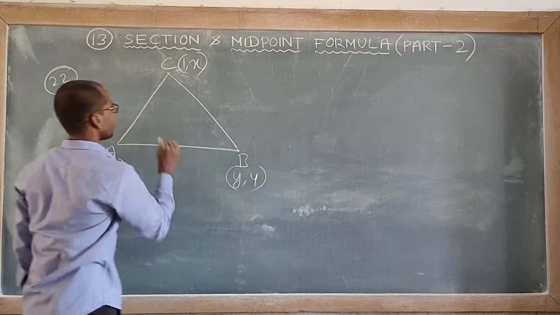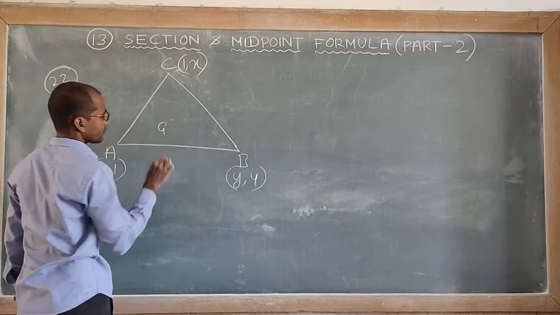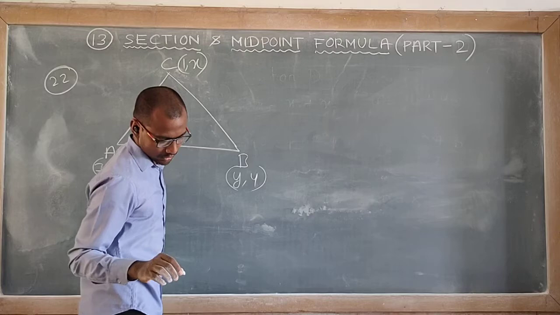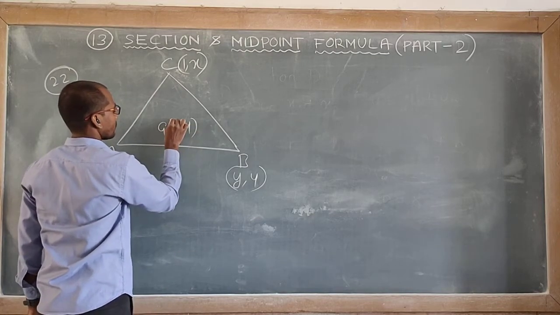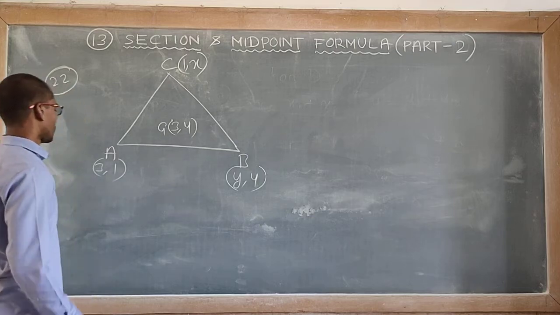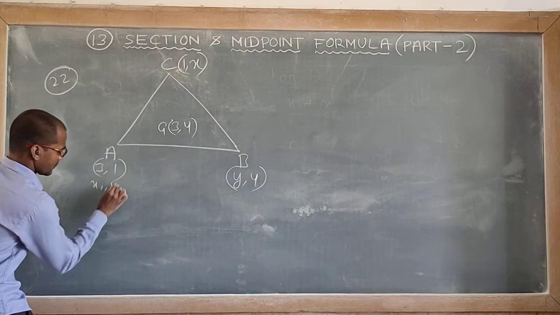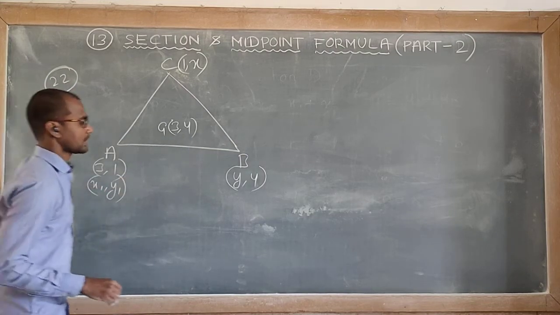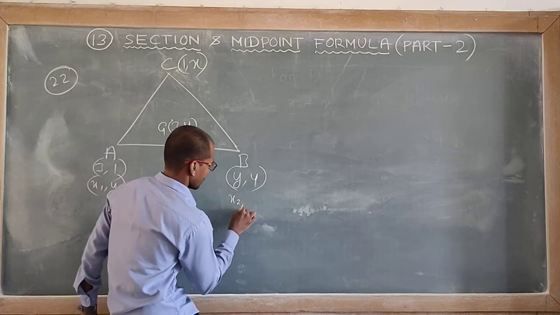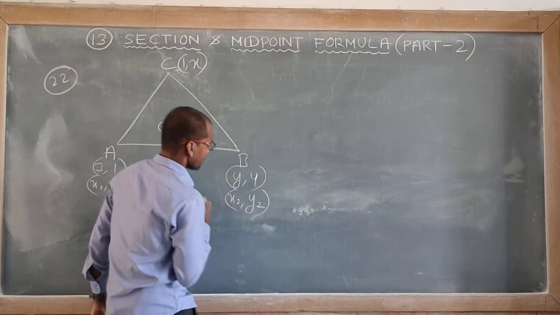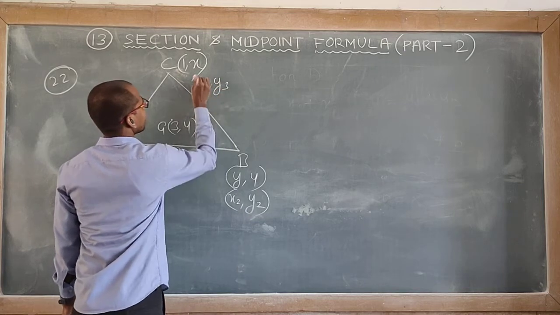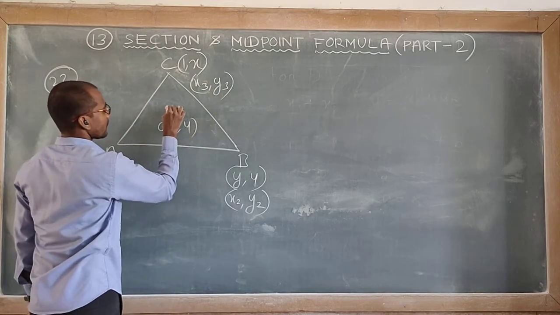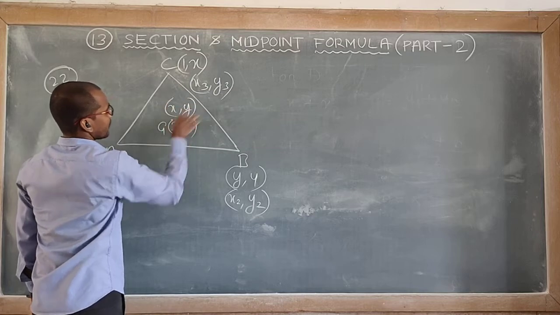G is the centroid, its coordinates are 3 comma 4. Okay, so this is our x1 y1, this is our x2 y2, this is our x3 y3, and this is our xy.